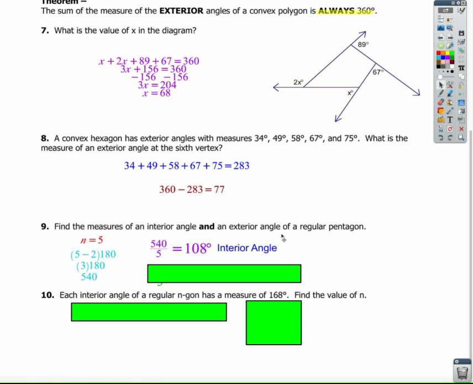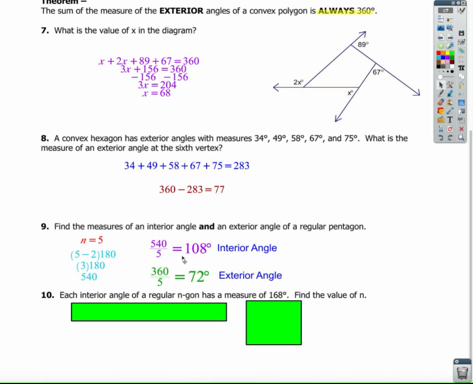The exterior angles of a pentagon add up, as they do in all polygons, to 360 degrees. So if I take the 360 degrees of the exterior angles and divide it by the 5 exterior angles in a pentagon, I will see that each exterior angle equals 72 degrees.